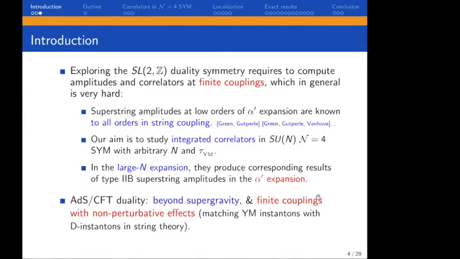Not only do you have to look at finite coupling, we also have to go beyond the supergravity, because SL(2,Z) only starts to play a role after you turn on alpha prime corrections. So in the language of duality, especially for the non-perturbative effects, we are matching the Yang-Mills instanton effects with the D-instanton effects in string theory.